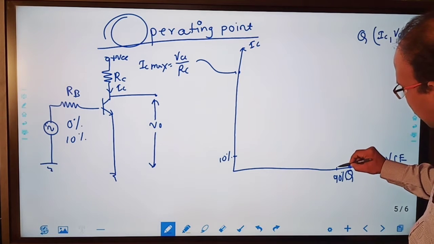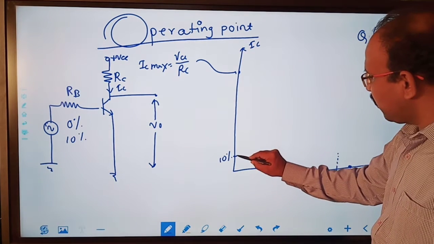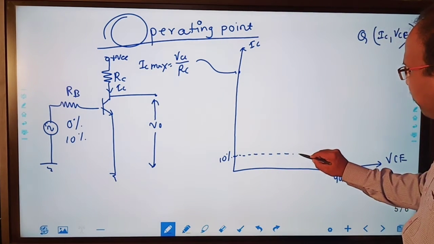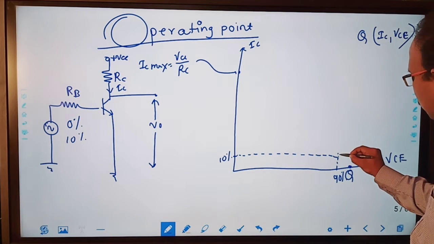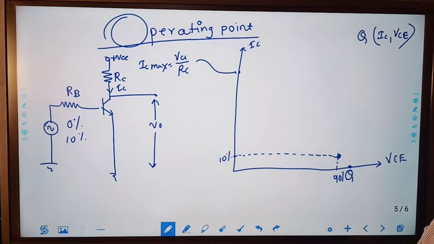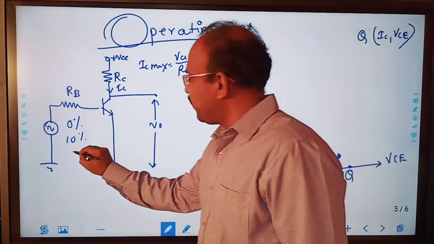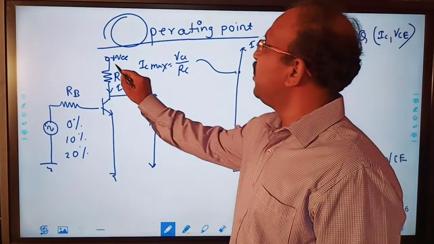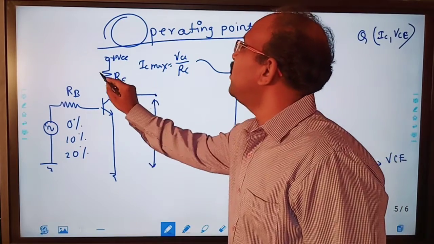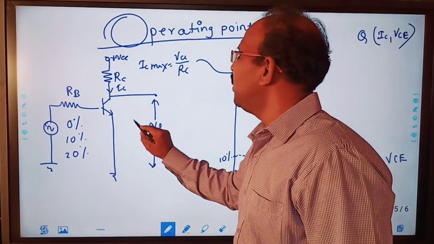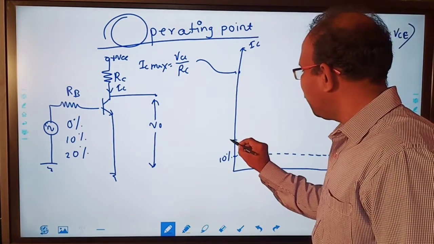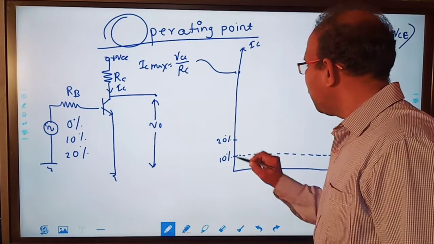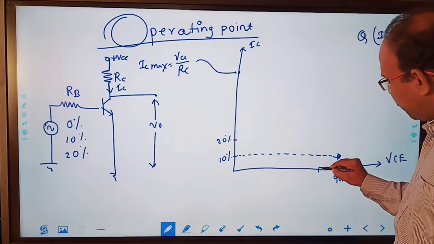So I draw the graph, and this will be your point. If I make this 20%, drop will be 20%, here will be 80%.